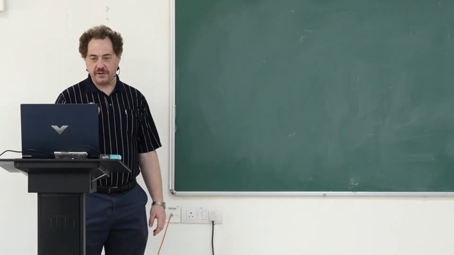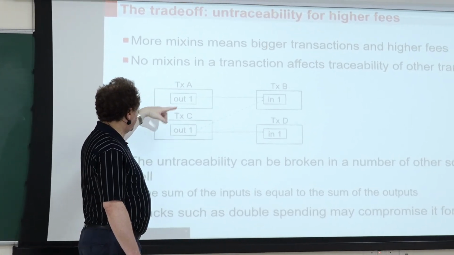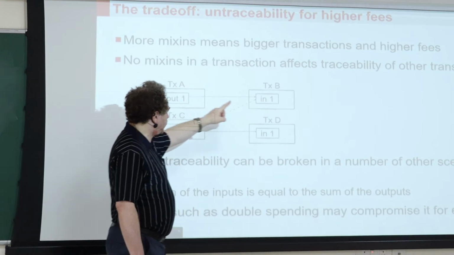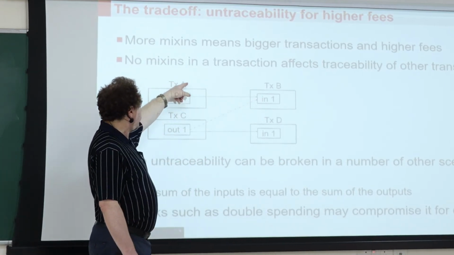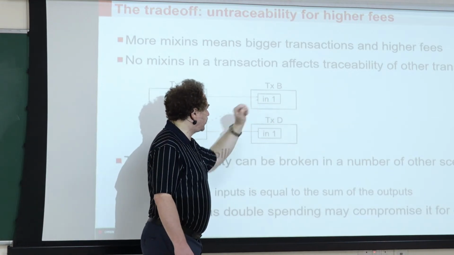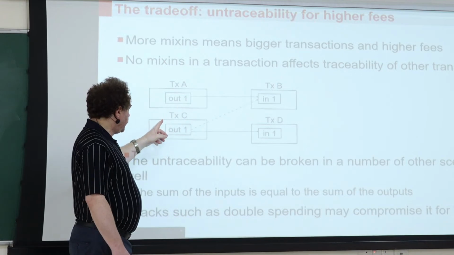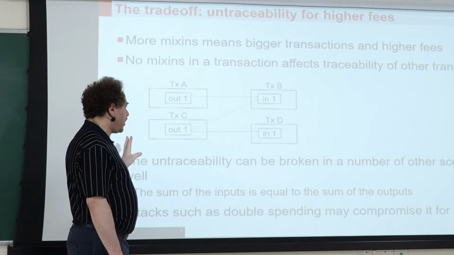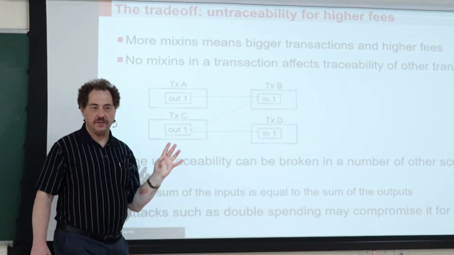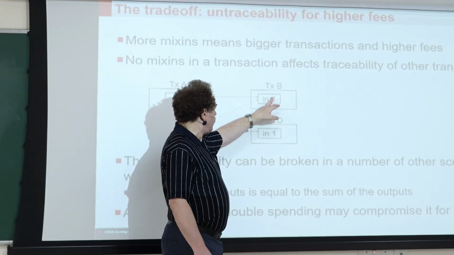Imagine that there is a sender which, okay, sorry, I said transaction B. It was actually the sender of transaction A which made this choice, not the receiver of transaction B. But now look at transaction C. The sender of transaction C decided to use 1 mix-in.